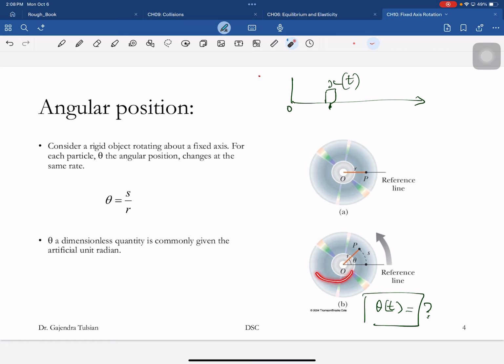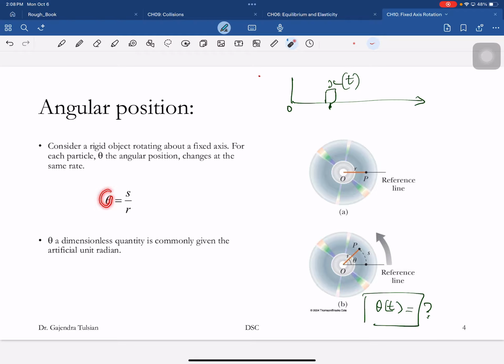Here's an object. We'll use a reference line to give its position. We mark a point on the object and see how much it has rotated from the reference line. Here's the initial position, and the object rotated through this angle theta. That's its configuration right now.